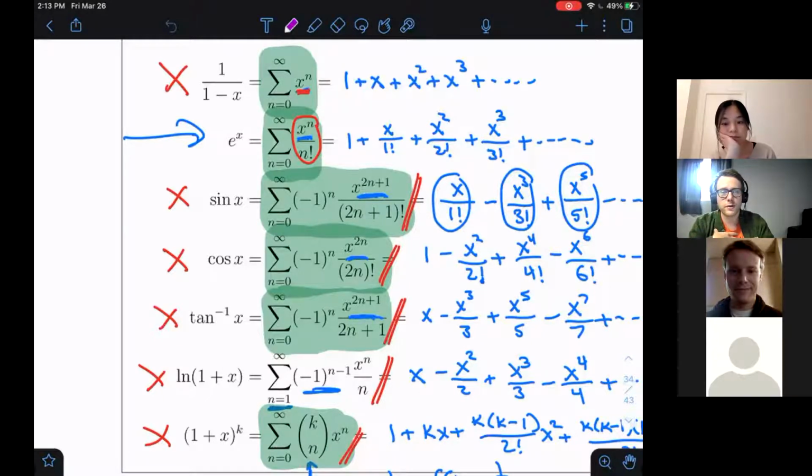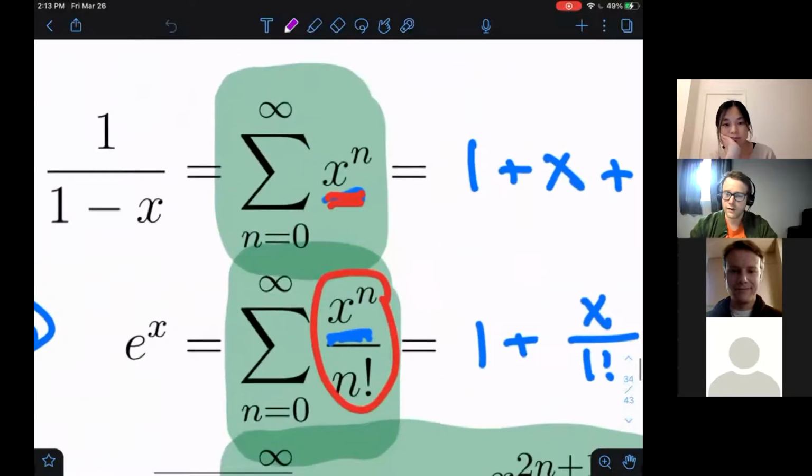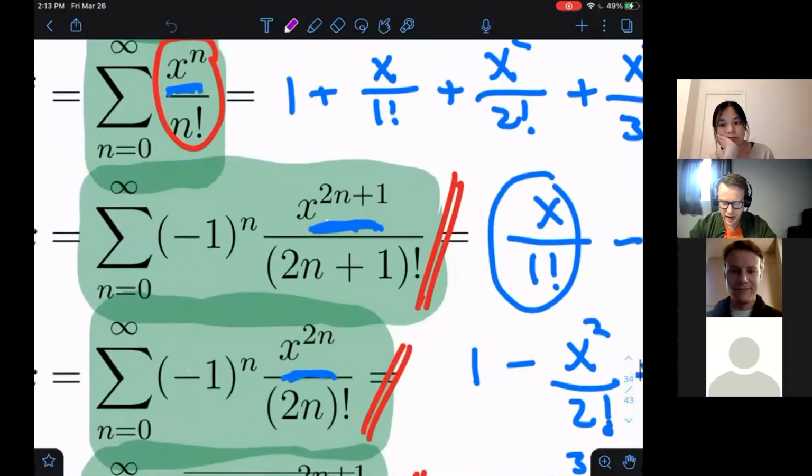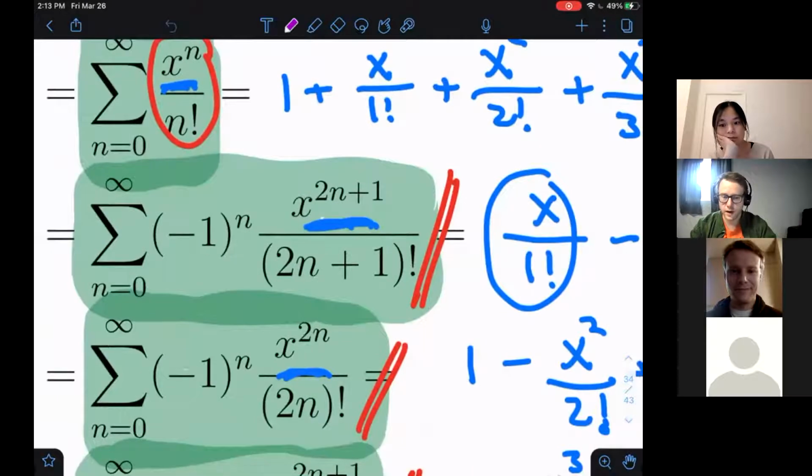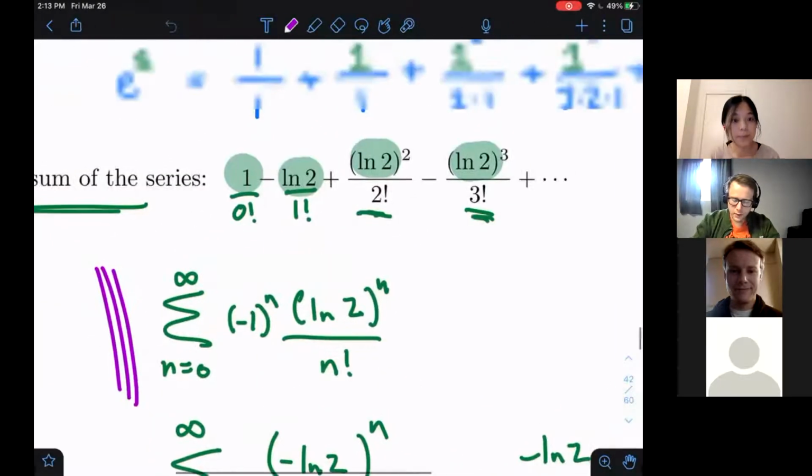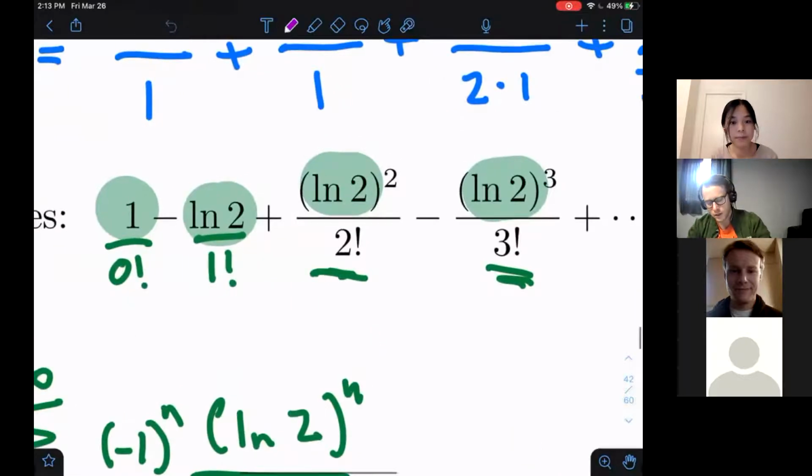As we went through, we saw we have various x's raised to different powers. Sometimes you just have the odd powers, sometimes just the even powers. So for sine and for cosine, those are going to be out. This one right here, because notice that we have all of the different powers, raised to the first power, the second power, the third, the fourth. So it's not solely odds and it's not solely evens.